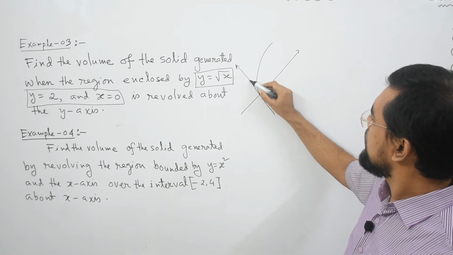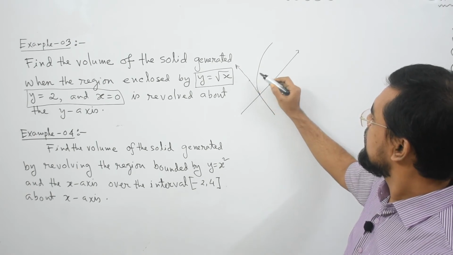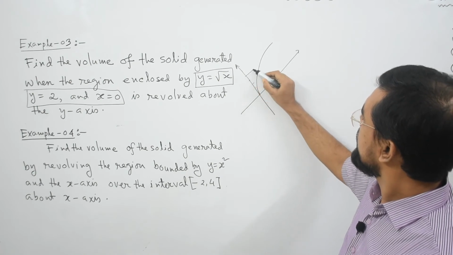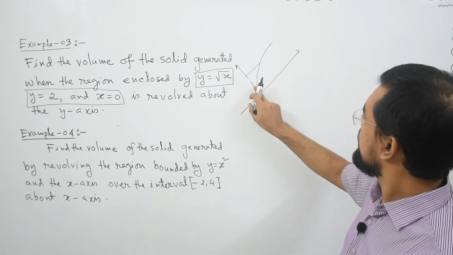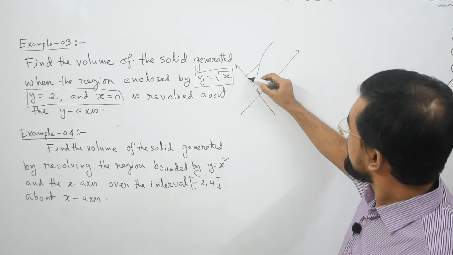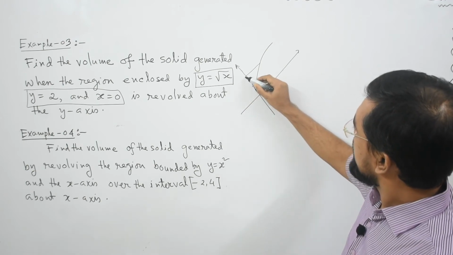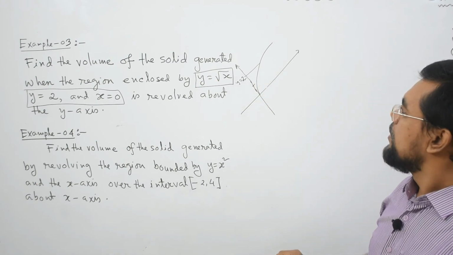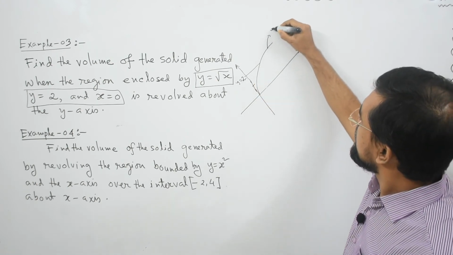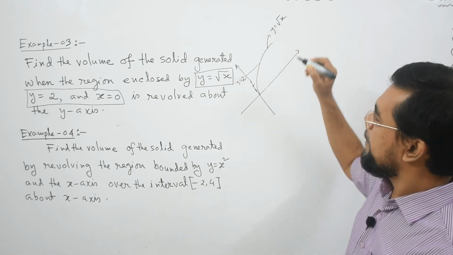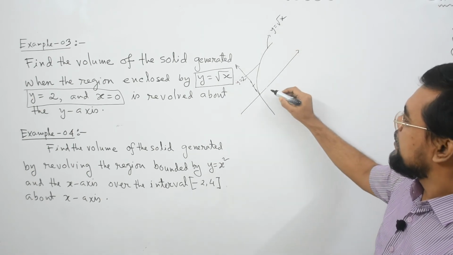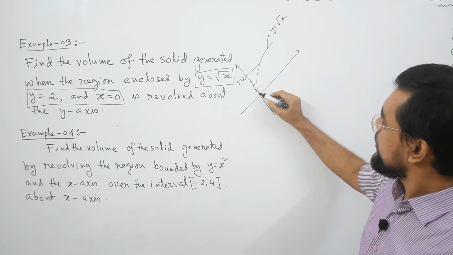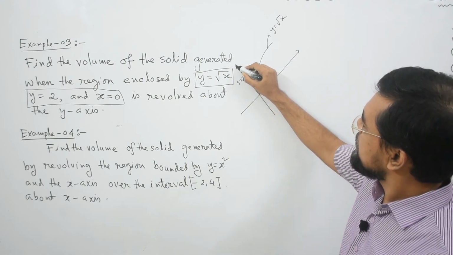So let's say 1, 2 here. y equal to root x, and x equal to 0. x equal 0 means the y-axis.